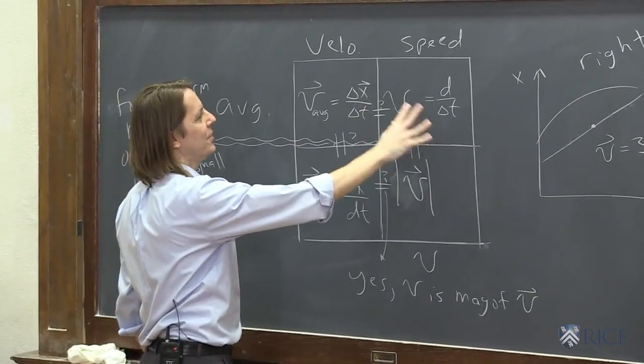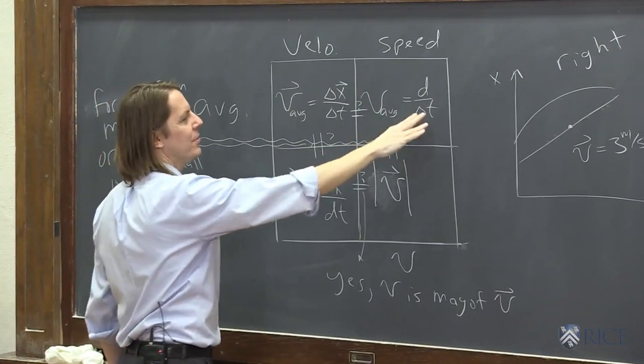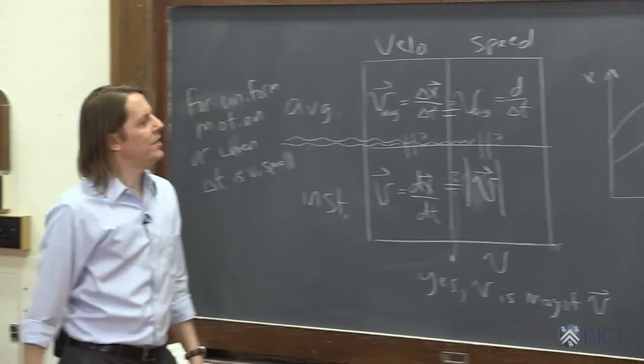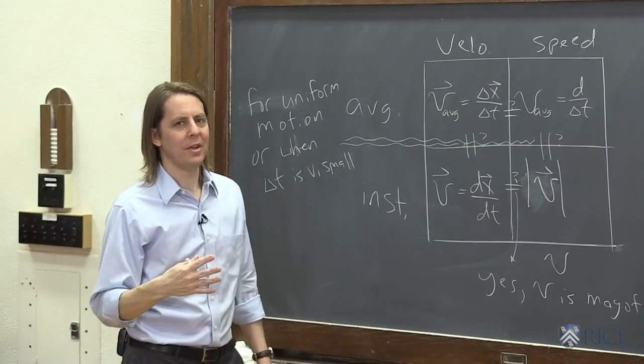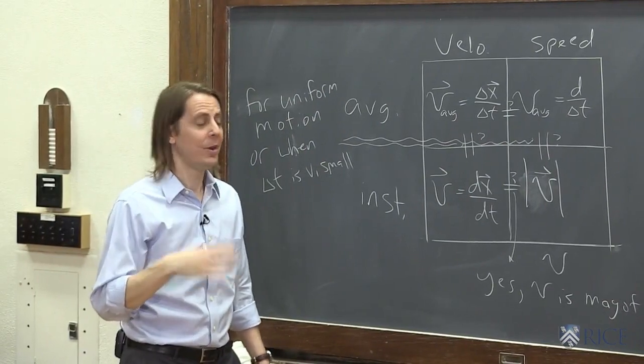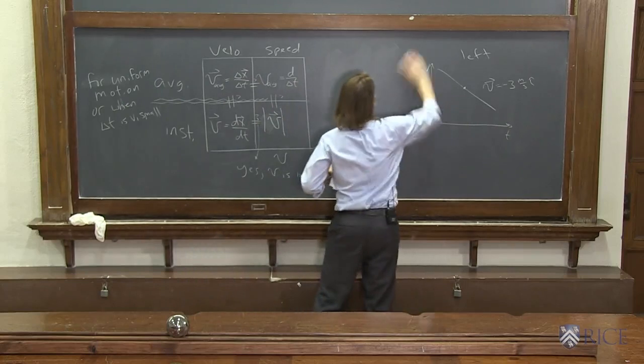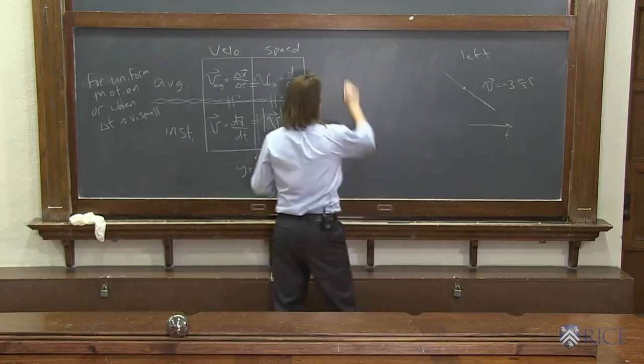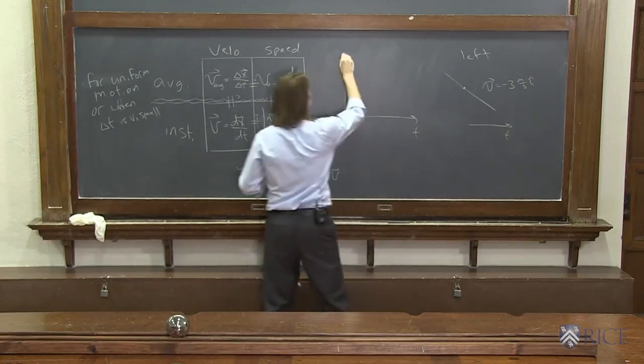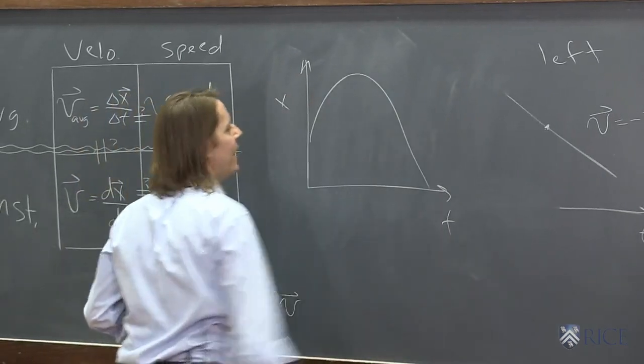This one is kind of interesting. If you go on a path, delta t, will the average velocity and the average speed be the same? Well, they could be, but they don't have to be. The way we would write it mathematically would be like this. Let's think about it for a second. Say we have one of the crazy paths, t, x, and it does something like that. Remember that?